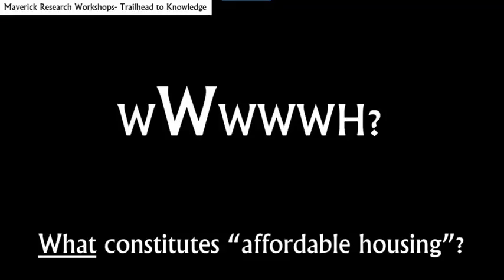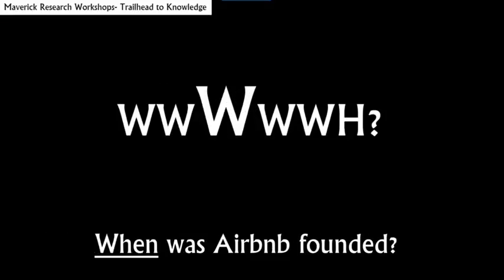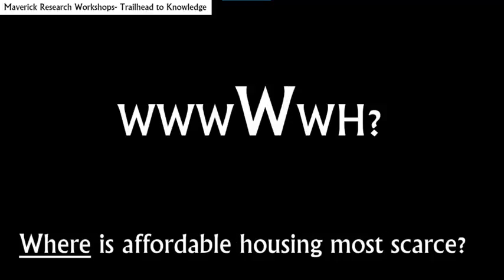So we could ask other what questions. When was Airbnb founded? Yeah, that'll help me understand when this phenomenon began. And maybe we could look longitudinally to see how affordable housing has been affected from the time Airbnb was founded. Something like that. Where is affordable housing most scarce?